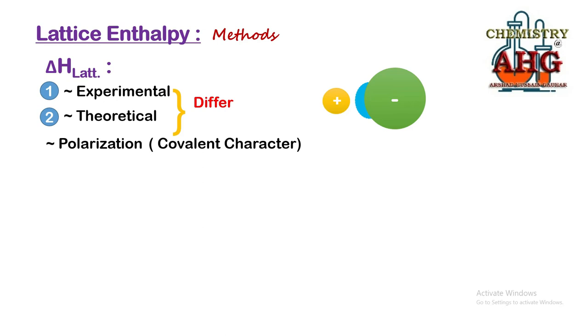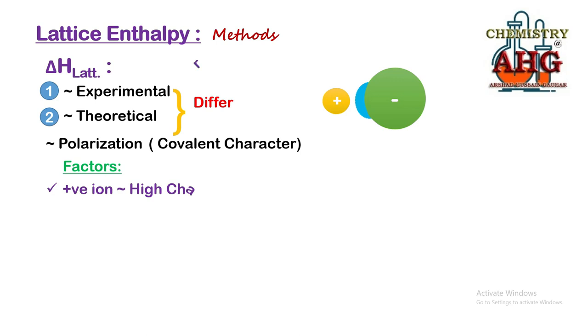The next thing, how and which factors control polarization? How and which compounds can have greater polarization and which compounds can have lesser polarization? So you must remember, polarization depends on factors of positive and negative ions. A positive ion that is most suitable for polarization must have high charge and small radius.